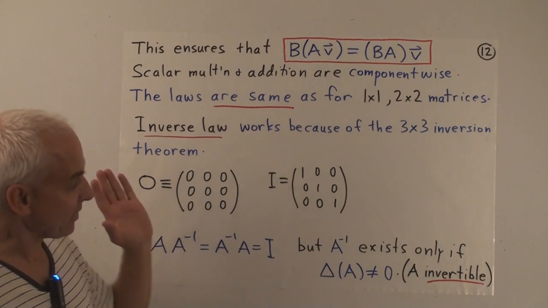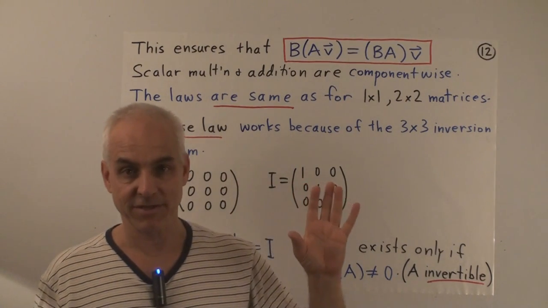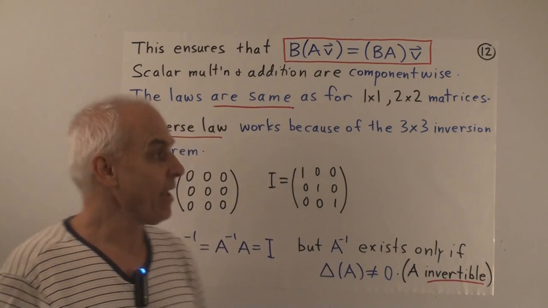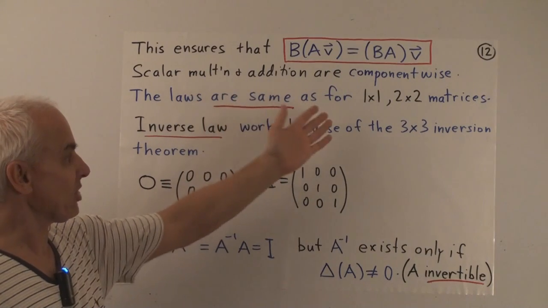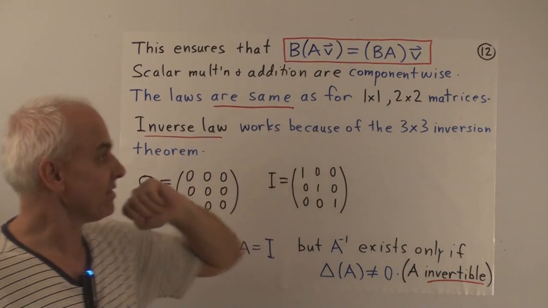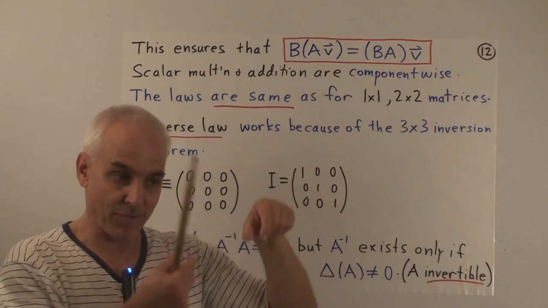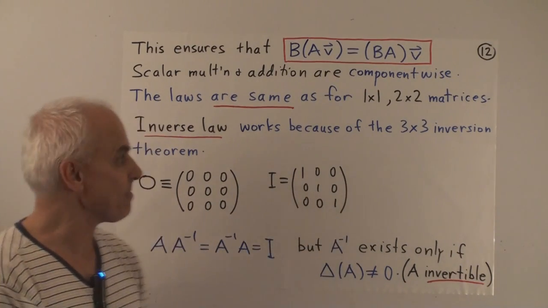In fact, when we look at the laws for matrix multiplication, scalar multiplication, and addition, everything is very much like in the 1 by 1 and 2 by 2 cases. Scalar multiplication and addition are component-wise. We do them one slot at a time.